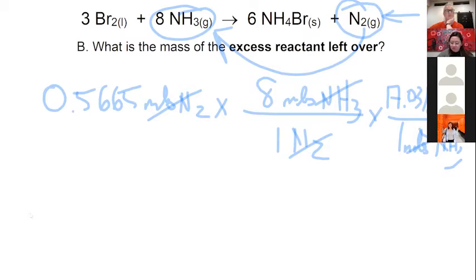Something's messed up. I solved it a completely different way, but I got a completely different number. Is the answer anywhere close to 4.77? Yeah, that's what you've got?